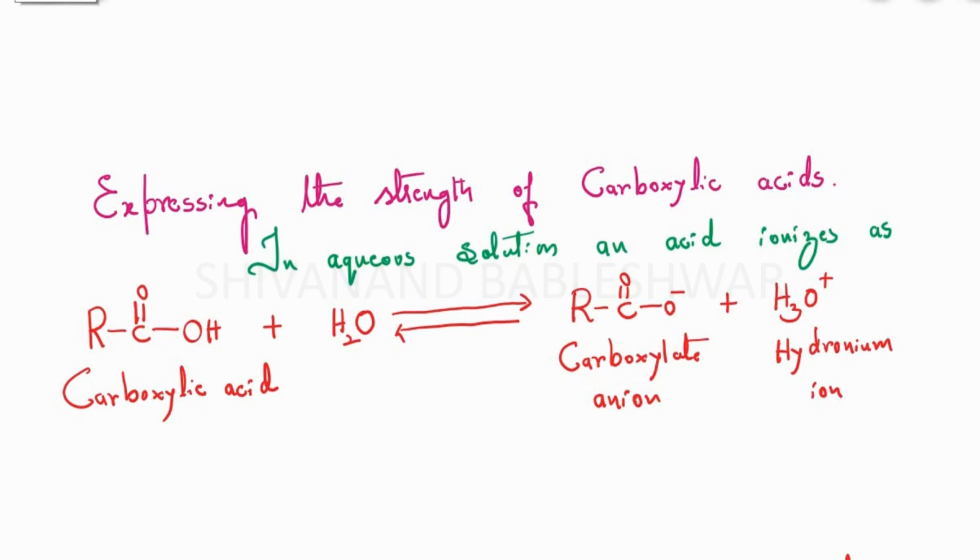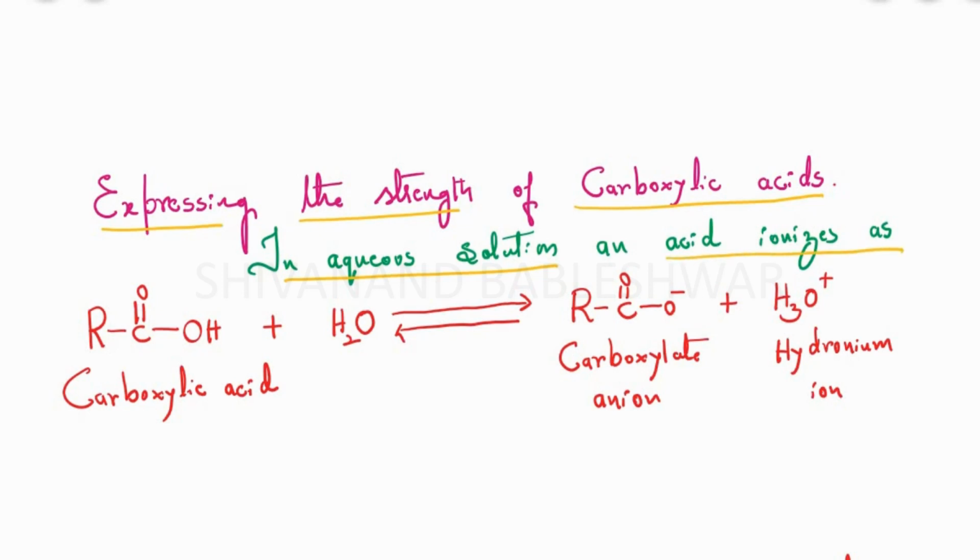So if carboxylic acids are called acids, then we have to express the strength of their acidity, right? So therefore we have a heading called expressing the strength of carboxylic acids. A carboxylic acid in an aqueous solution is going to ionize in a systematic manner.